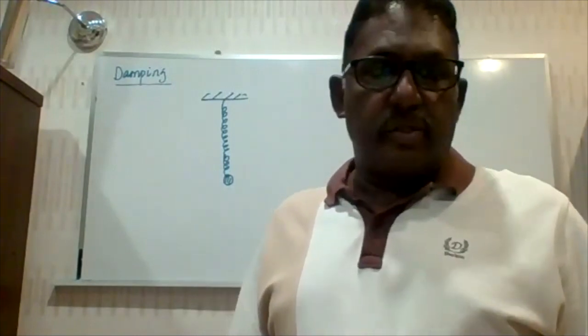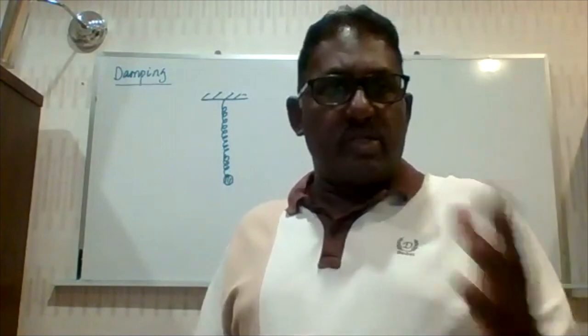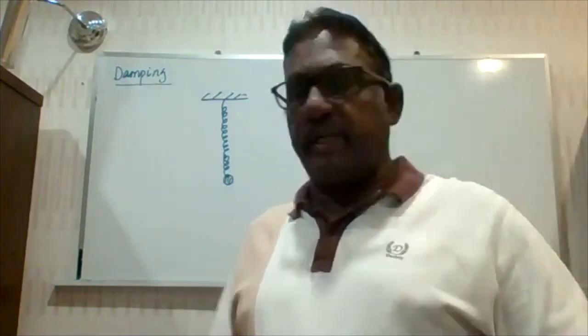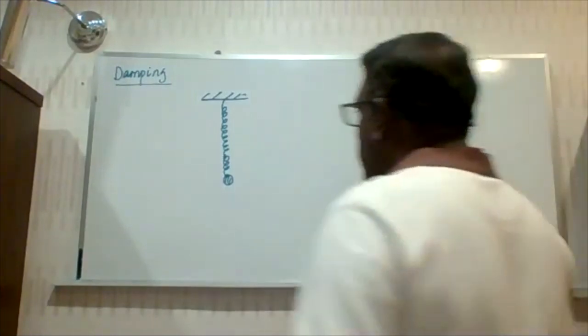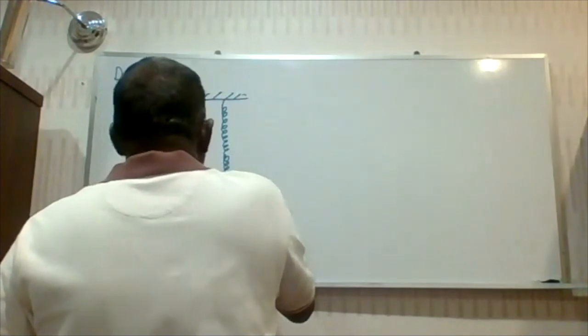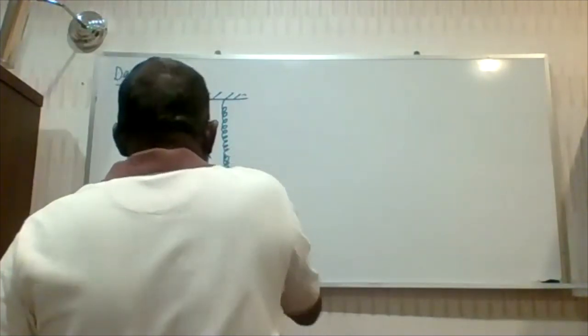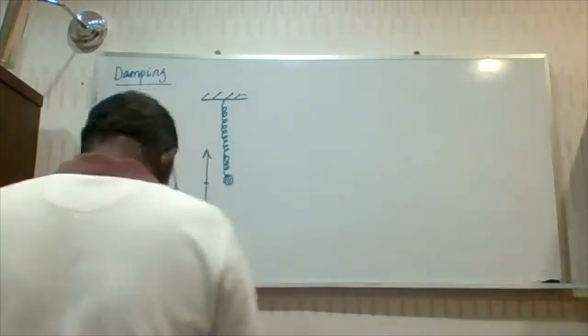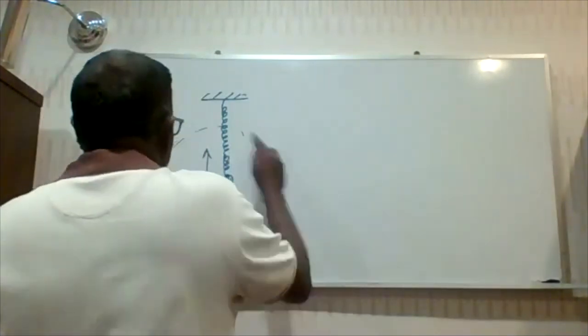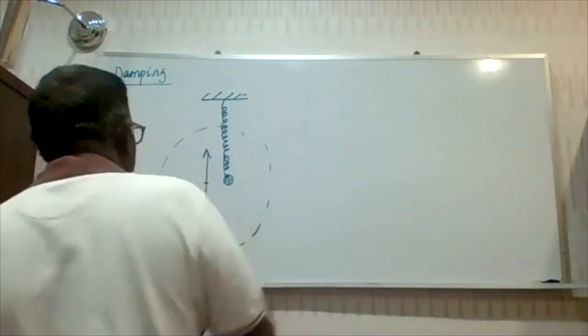Okay? Now, what's the resistive force here? This resistive force can be classified into two. Generally, as the system is oscillating up and down, you can see that the system is surrounded by air.